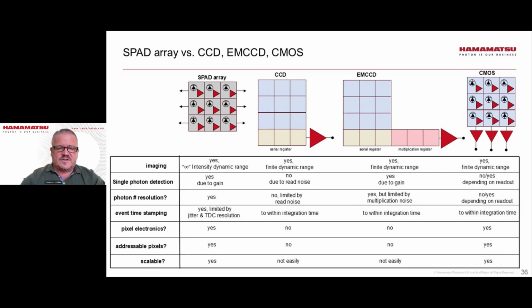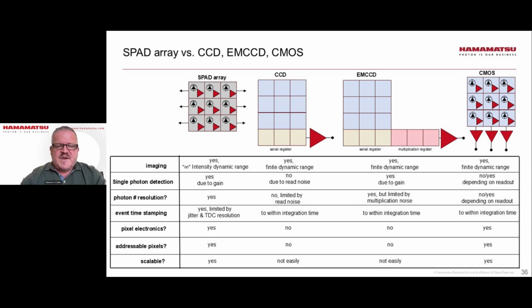There are various entries. All of them can do imaging, but please note that for CCD, EMCCD, and CMOS, the imaging or the dynamic range is limited by the full well capacity, whereas for SPAD, we are limited by the counter.